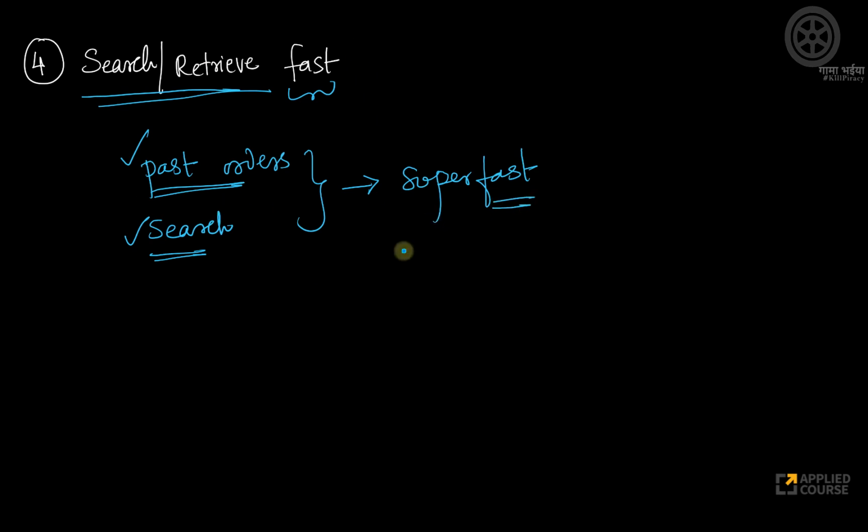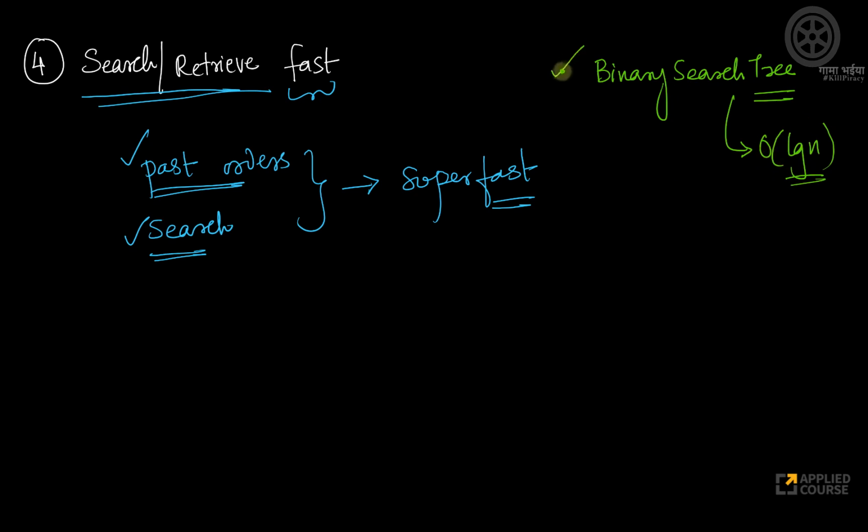Now, what data structures will we use here is an important question. If you recall, we learned something called binary search trees, which are extremely powerful, because in data structures and algorithms, we said I can search in a binary search tree in order of log n time if the binary search tree is balanced. We learned some very interesting properties of binary search trees.